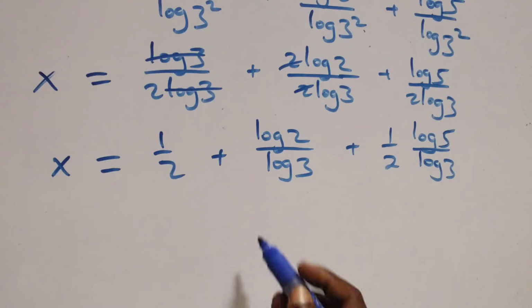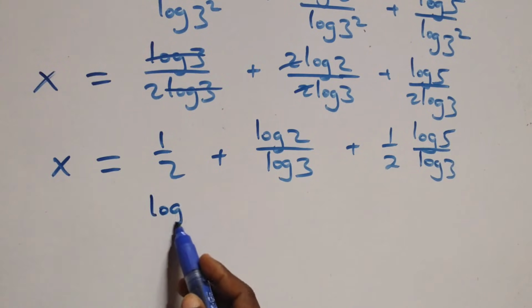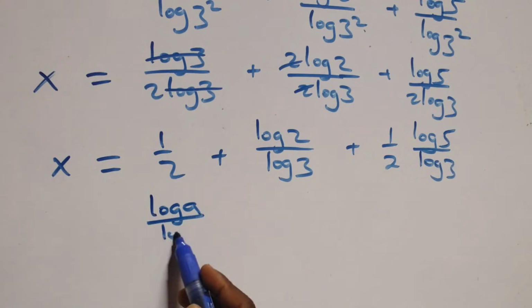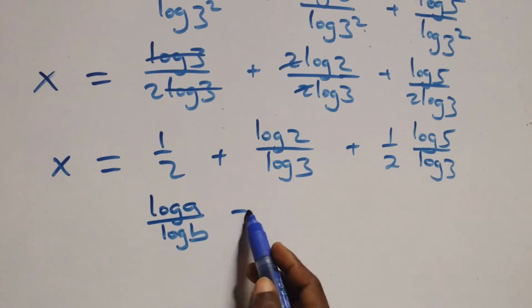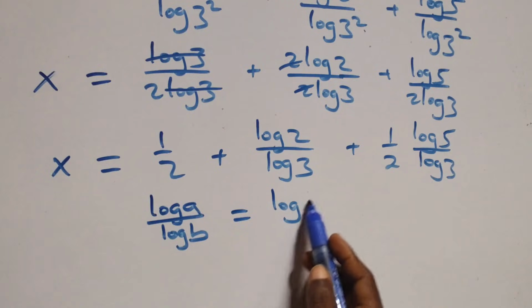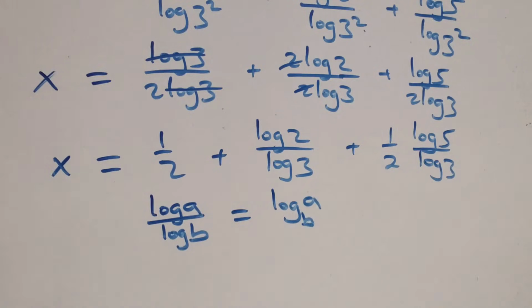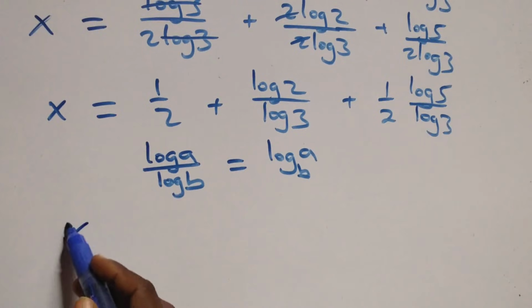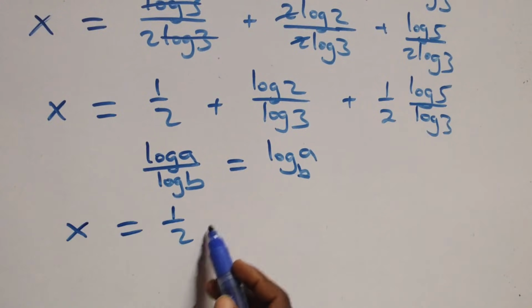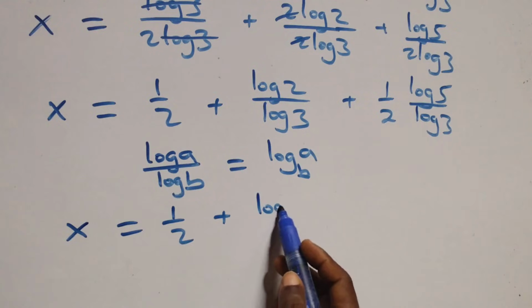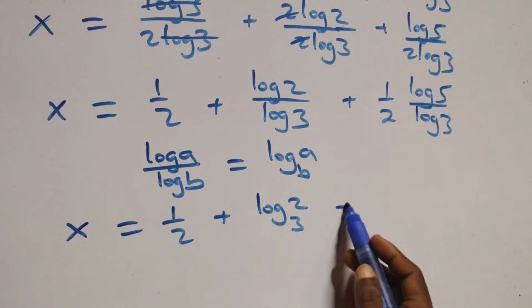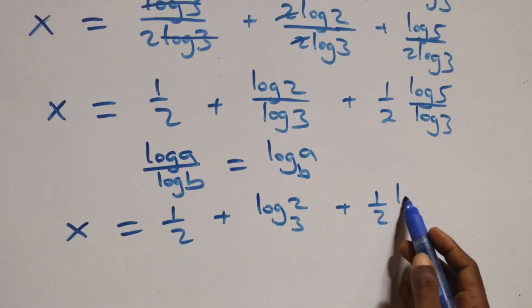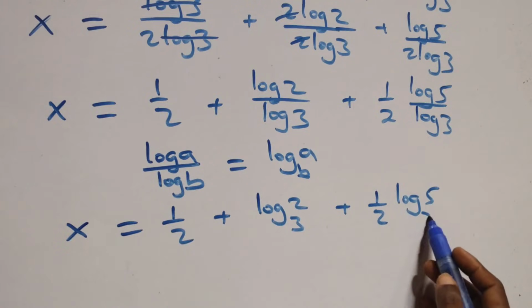Then here we apply change of base, where log a over log b is the same thing as log a base b. Here we have x equals to 1 over 2 plus log 2 base 3 plus 1 over 2 log 5 base 3.